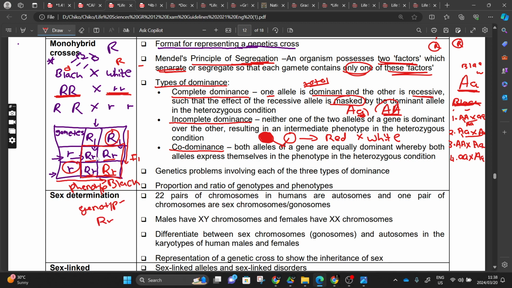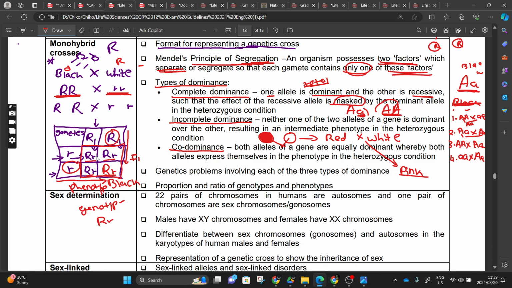So it means when I take this red allele and cross it with this white allele, the color that I'm going to get is another color. It might be pink. Take the primary colors: blue, yellow, red.